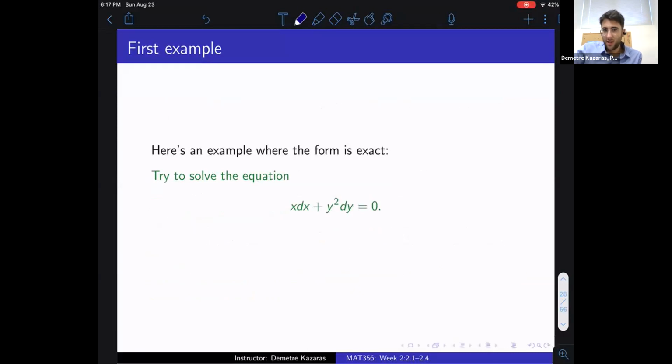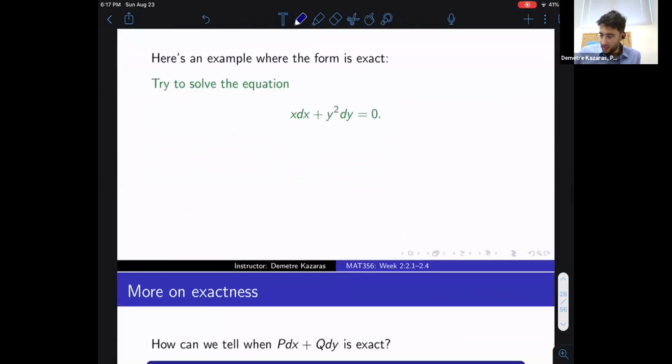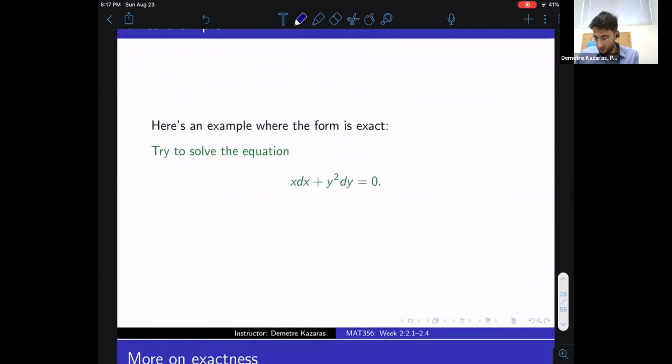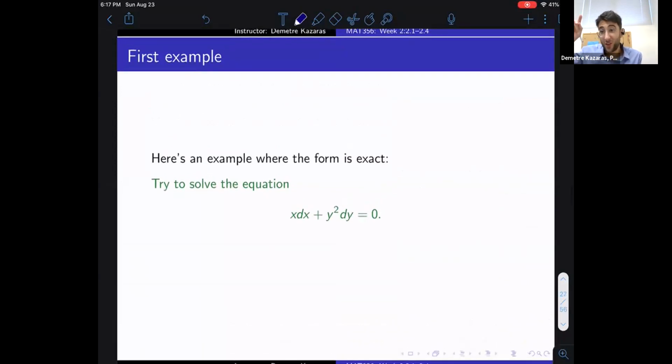So here's a situation where I'll tell you right off the bat that this is exact. The left-hand side of this equation is exact, so it will be possible to write it as d of a function of two variables. Let's try to do it for this example. We want a function of two variables, capital F of x, y, so that two equations are satisfied.